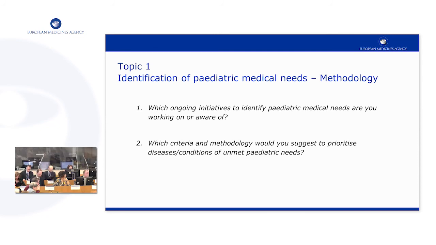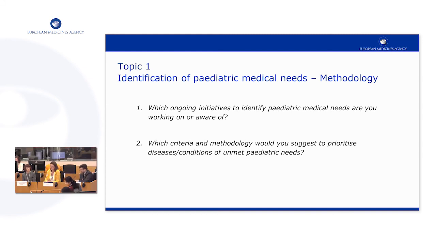Tjitske. Yeah, I think my most important take-home message at this point is that we should really better use all the data that are already existing. There's a lot of focus on generating new data and new studies and new trials, but there's so much out there that we don't use properly.